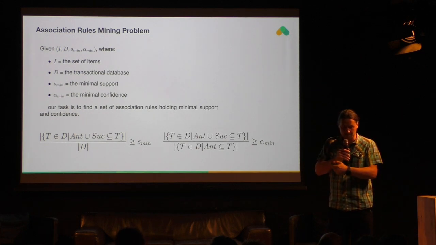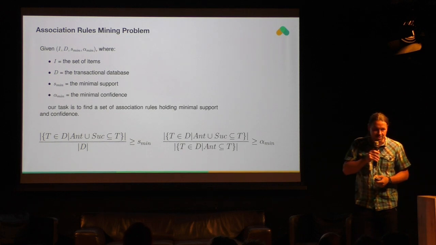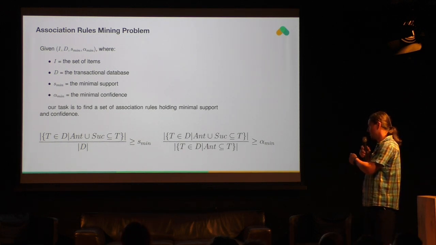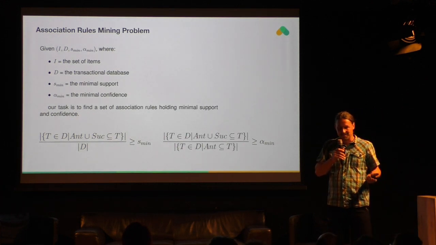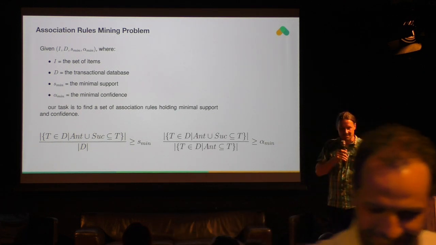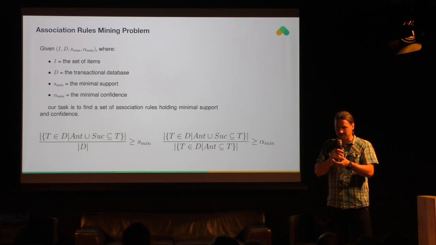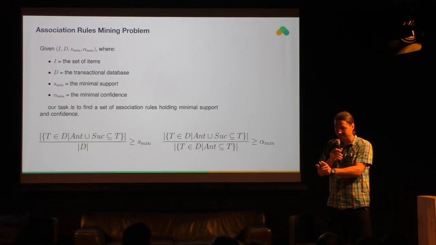And how to produce this? You need to use an association rule mining algorithm. I must say something about the properties of the rules. You have support of the rule and confidence of the rule. Support is how many times the rule is present in the database, so for example, how many times these two movies were watched together.